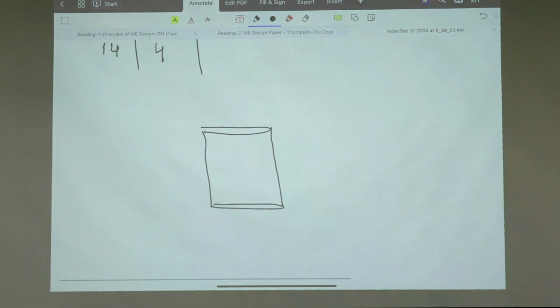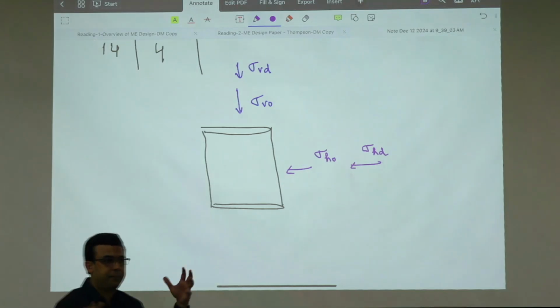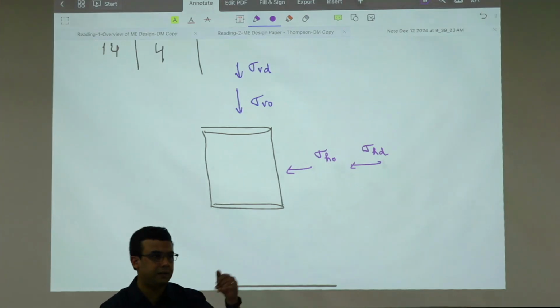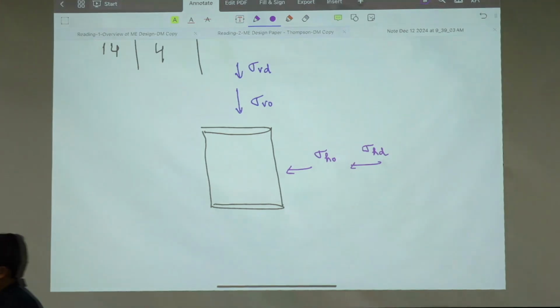So what you have here is sigma V0, sigma Vd, sigma H0, sigma Hd. That is how you are controlling the stress state here. You are independently applying the confining stresses, independently applying the deviators. So what does that mean?